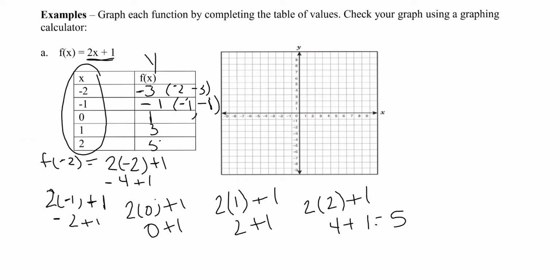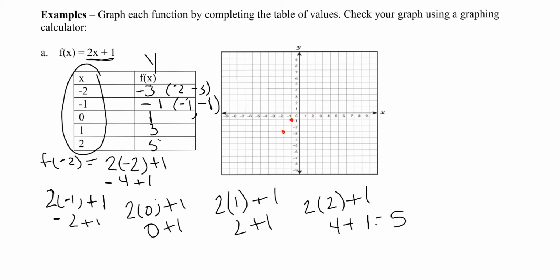So I'm going to plot my ordered pairs. We'll have negative 2, negative 3. So again, start on the x-axis, go out to negative 2. Then we'll go down to negative 3. So my point will be right here. Then we have negative 1, negative 1. So out to negative 1 on the x-axis, down to negative 1 on the y.